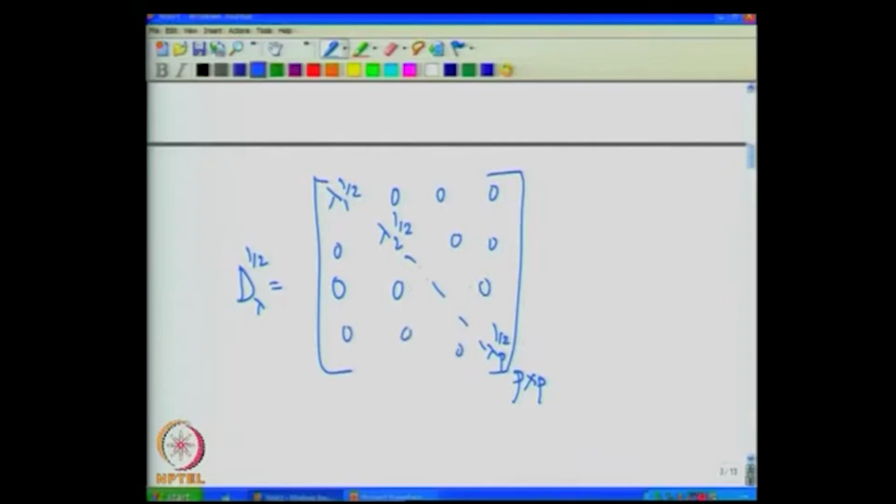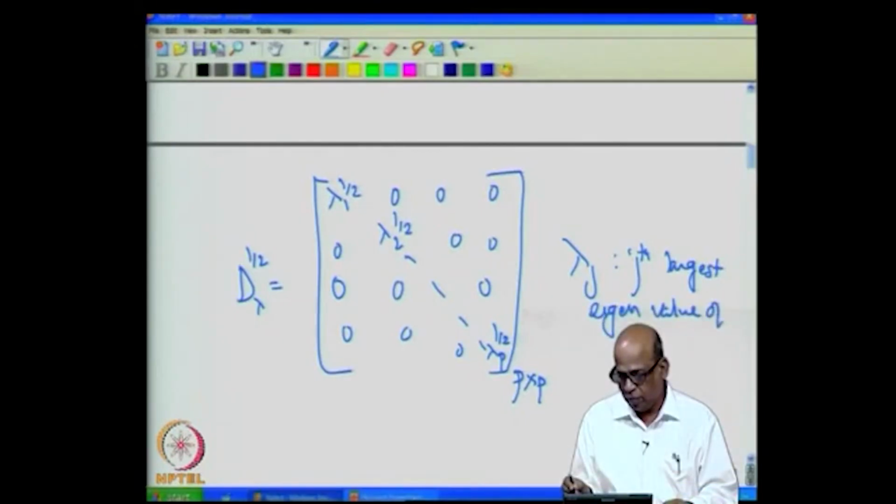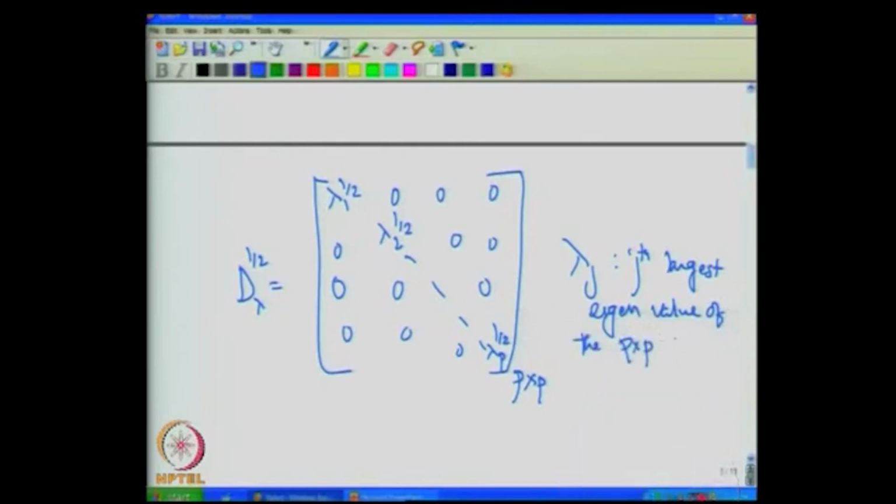What are these lambda 1, lambda 2, etcetera? I define lambda j as the jth largest eigen value of the p by p correlation matrix.